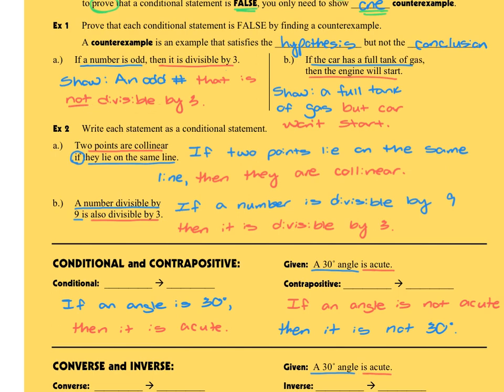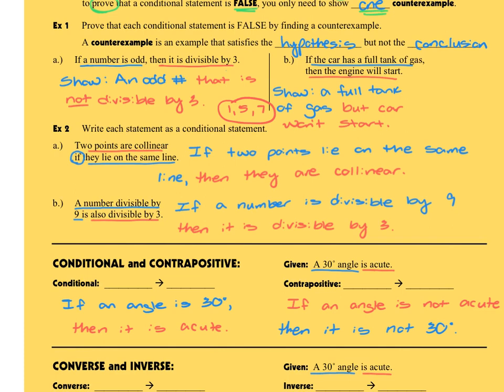You can think of lots of numbers that are odd but not divisible by 3. I could think of the number 1, that's odd, not divisible by 3, 5, 7. There are many, many examples, but as long as you can give me one of those, I know that this statement is considered false because true means always true.